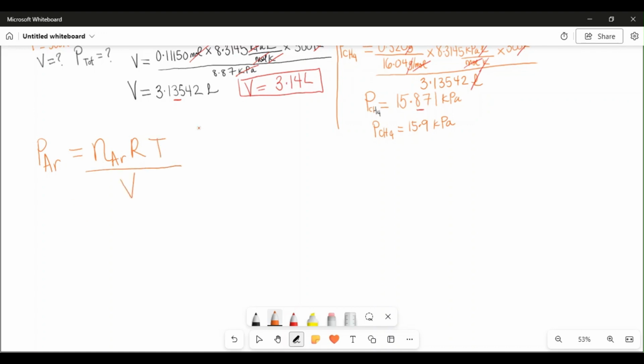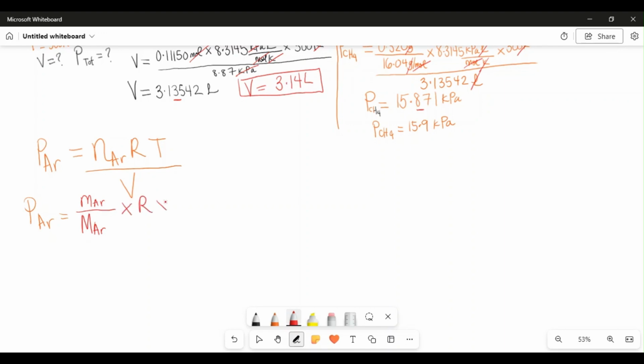For the number of moles, we use the mass of argon that we're given, just like what we did for methane, divided by the molar mass of argon. So just a repetition of what was above, times R times T divided by the volume.